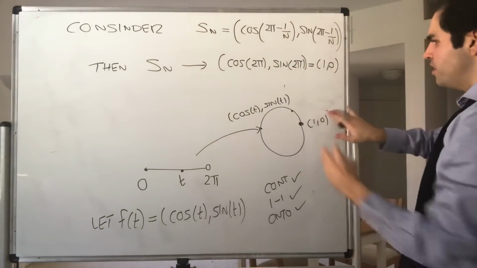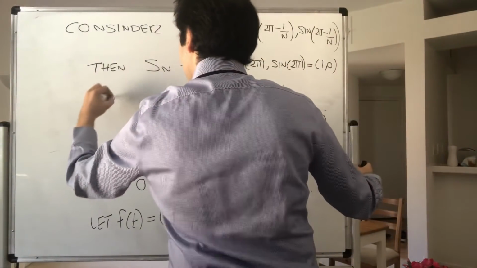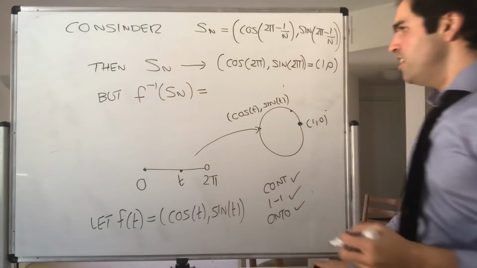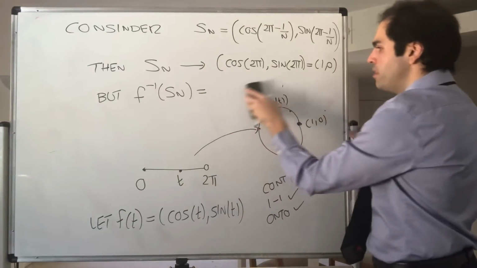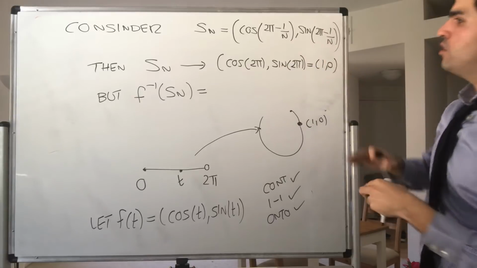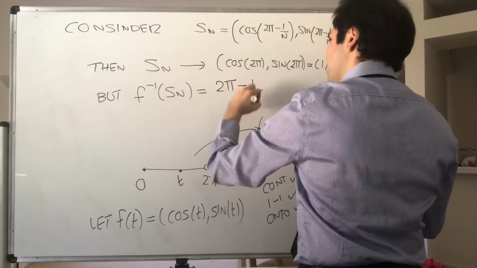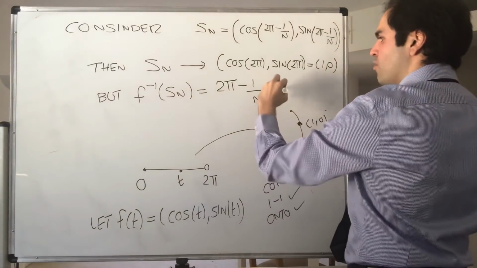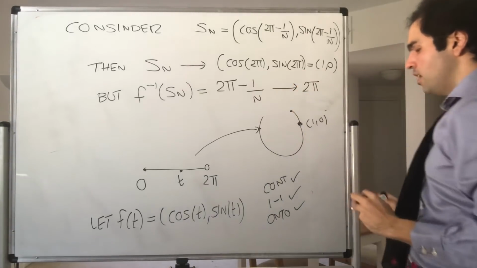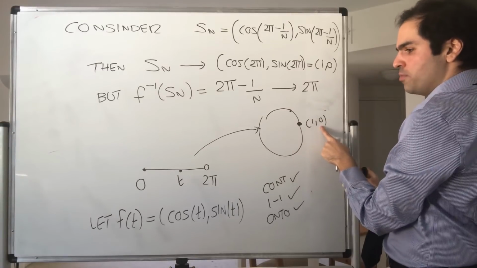But then what about the inverse? f inverse of Sn is just the angle, and the angle for Sn is just 2π − 1/n. So f inverse of Sn is 2π − 1/n, which converges to 2π. On the other hand, which angle does (1, 0) correspond to?